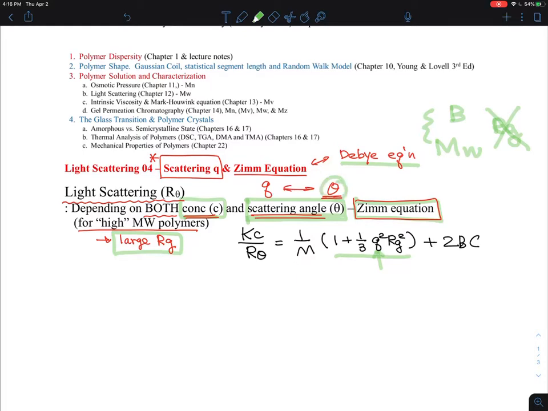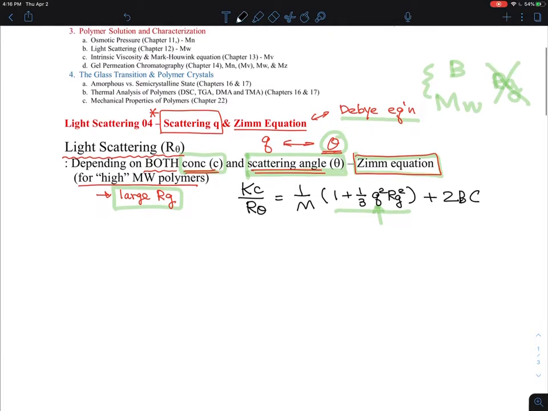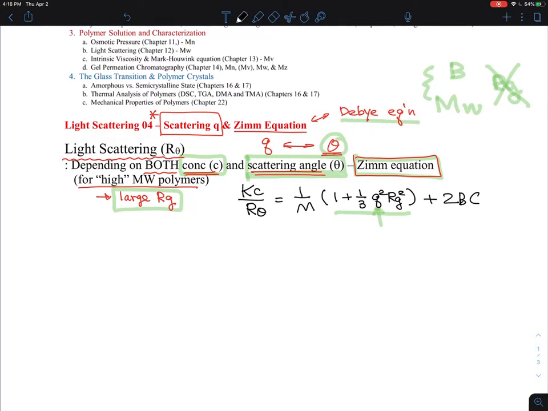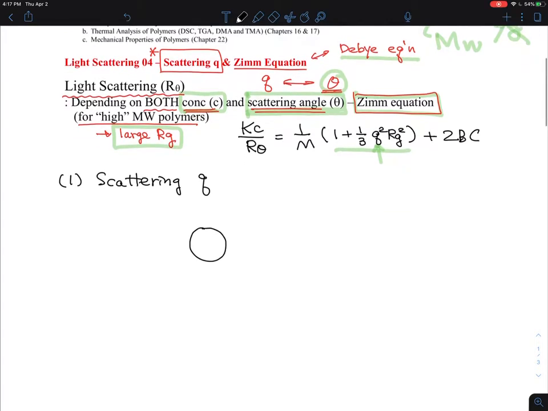Let me explain the scenario. The scattering Q should be understood in the same scenario. I have a sample here, and I'm shining a light, an incident light, so Ki.